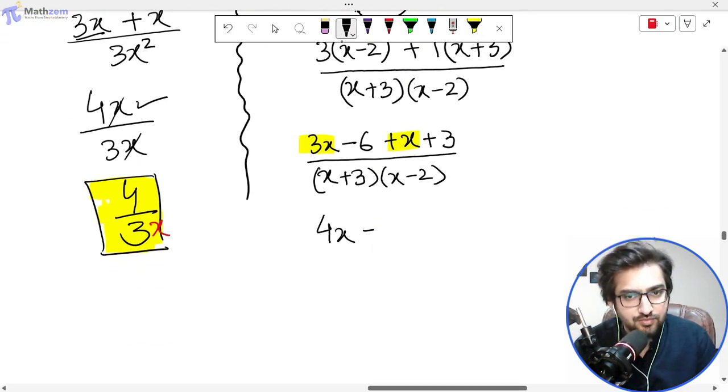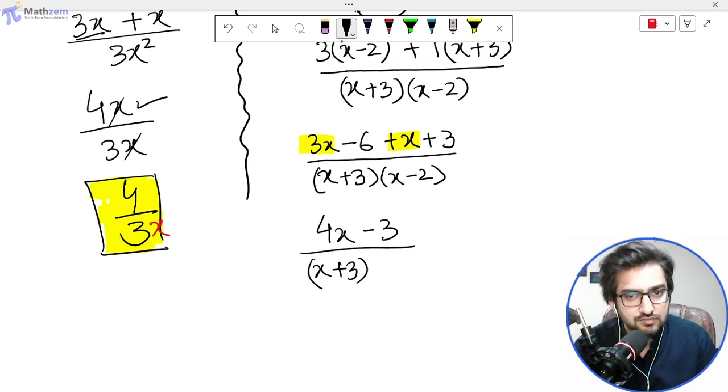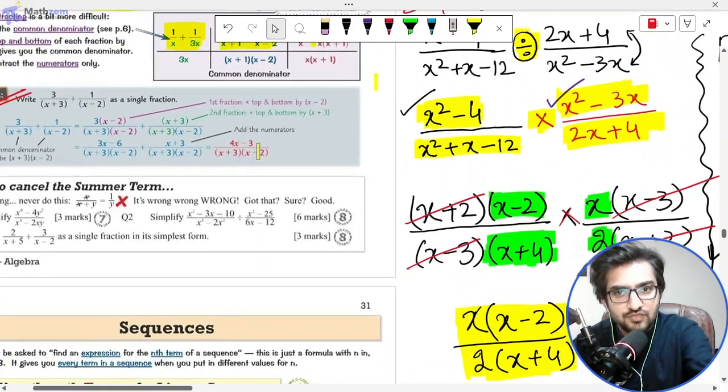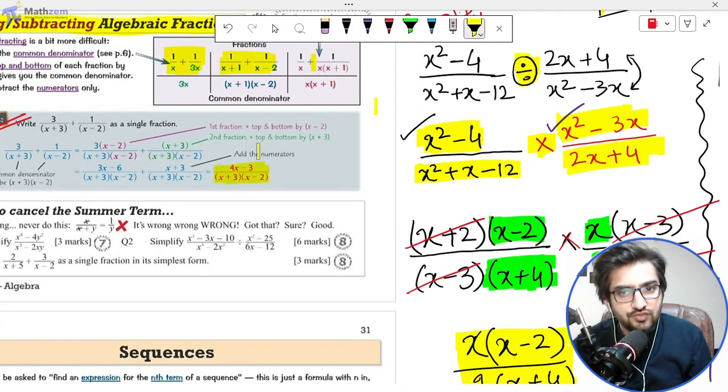Minus 6 plus 3 is minus 3. Divided by x plus 3, x minus 2. That is the answer. Let's see the answer. Check the answer. It's the same thing. Okay. So this is how you simplify that.